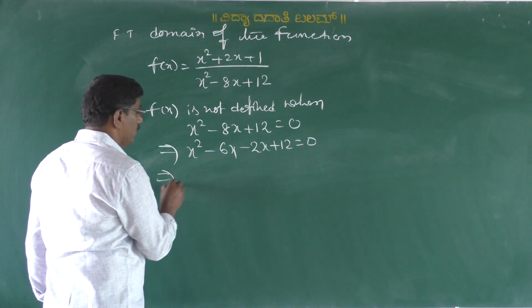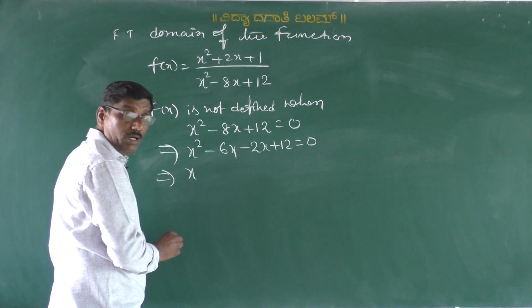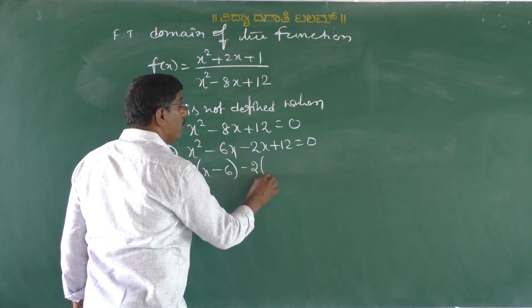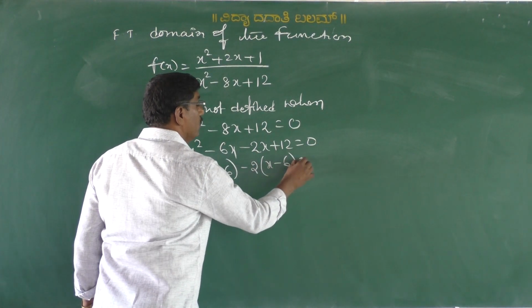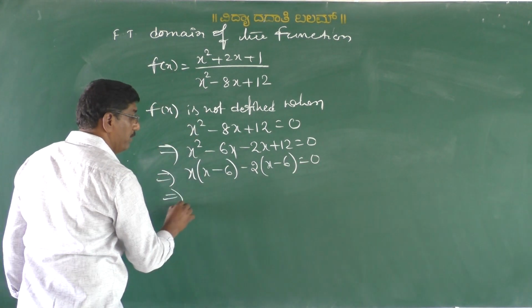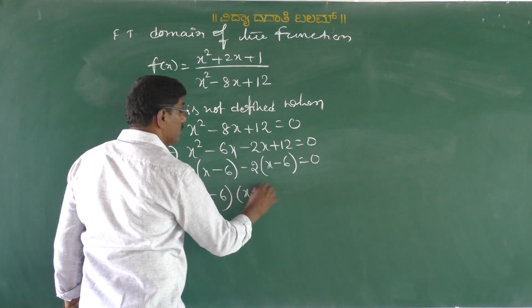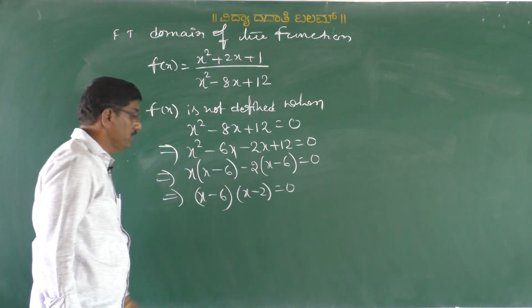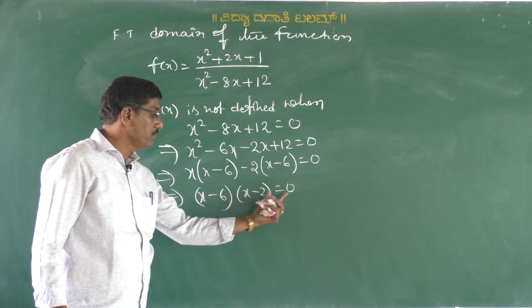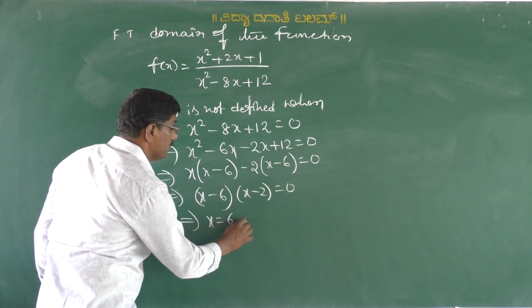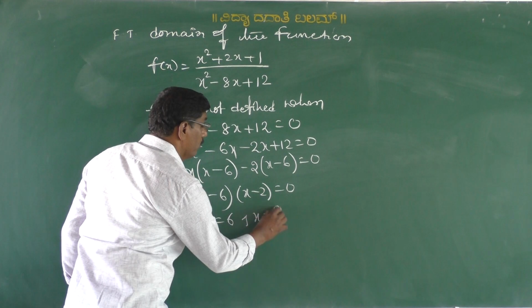If I take x as the common factor, then x minus 6; and minus 2 as the common factor, then x minus 6, which is equal to 0. That means x minus 6 into x minus 2 is equal to 0. Implies we can directly write x is equal to 6 and x is equal to 2.